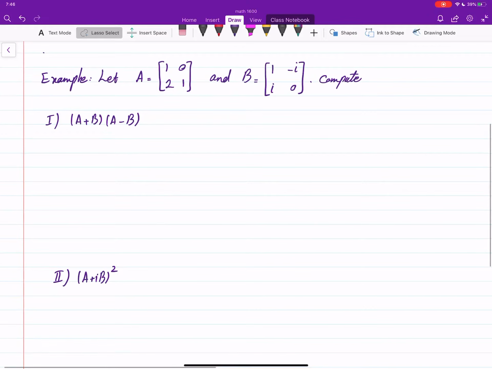Okay, let's see this example. We have two matrices A and B, and we want to find A plus B times A minus B. So let us start.